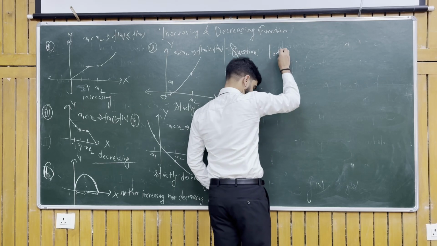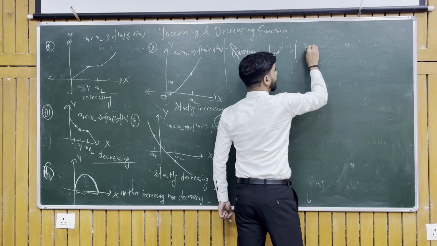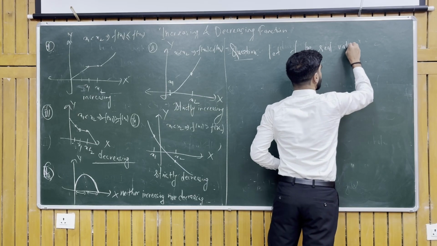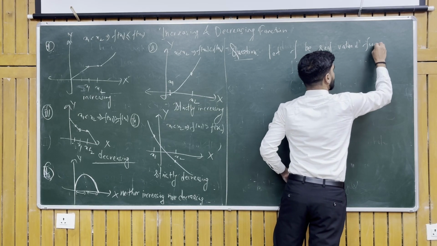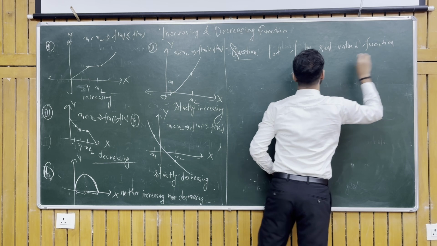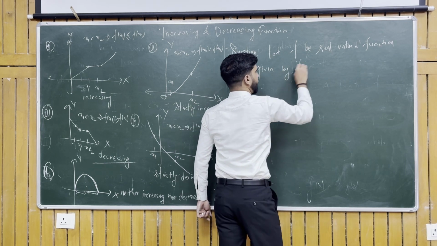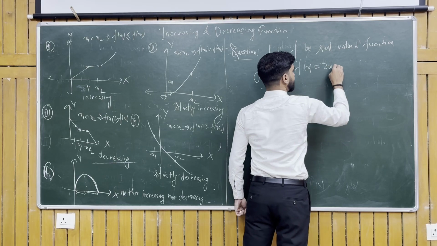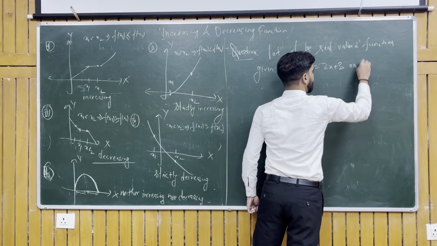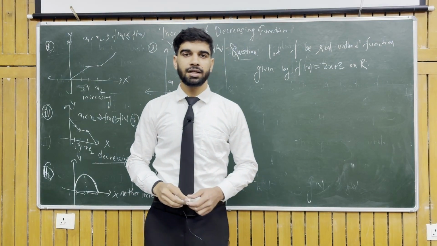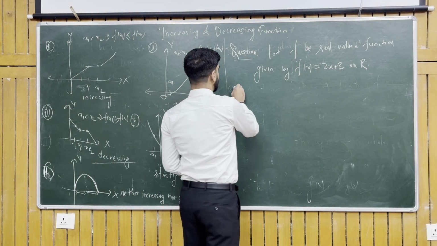Let f be a real valued function given by f(x) equals 2x plus 3 on R. We will try to find out whether the function is increasing or decreasing.